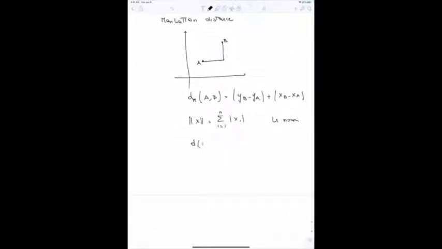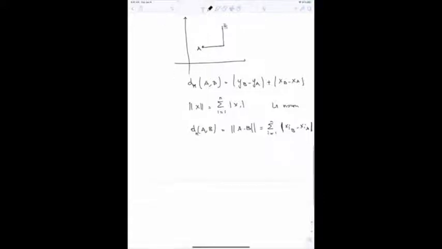So if we have, for example, the distance between A and B, it can be written as the norm of A minus B, which is the sum for i that goes from 1 to n of xi of B minus xi of A. So this one here is generalized in an n-dimensional space.